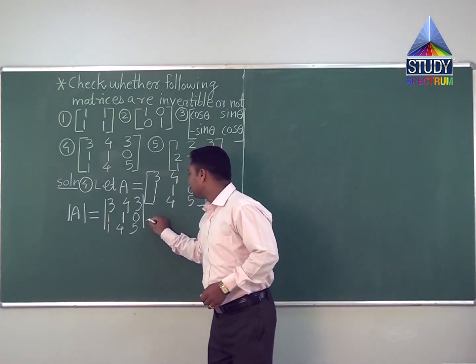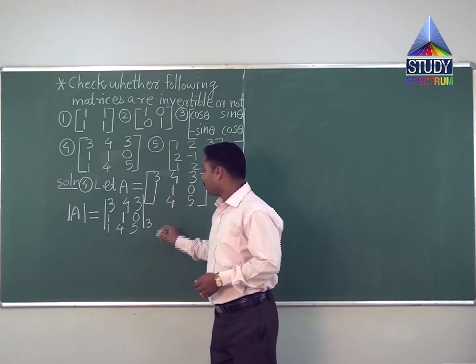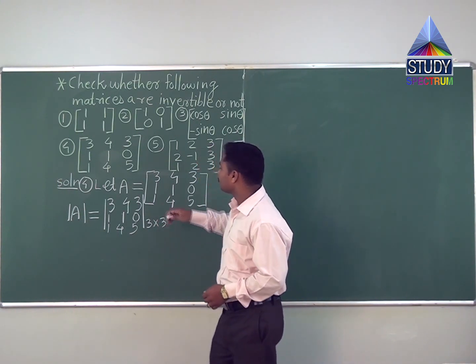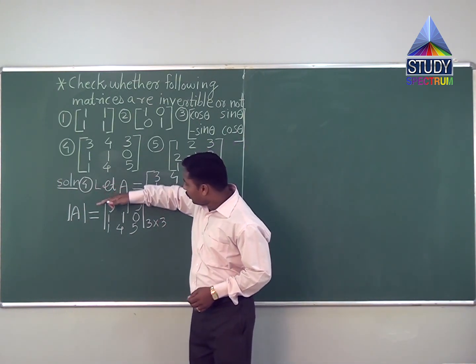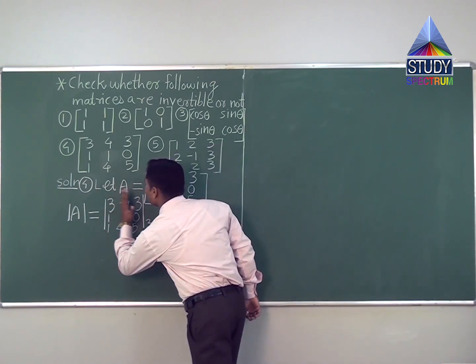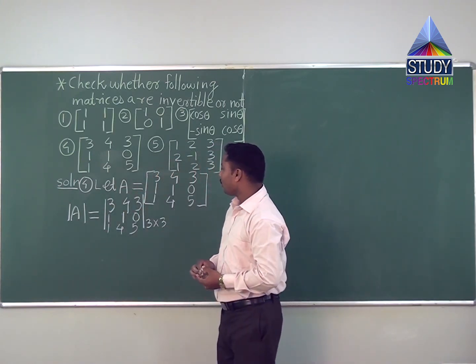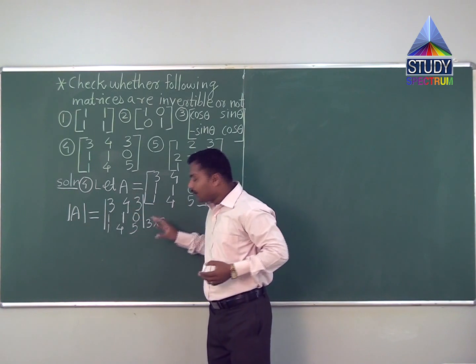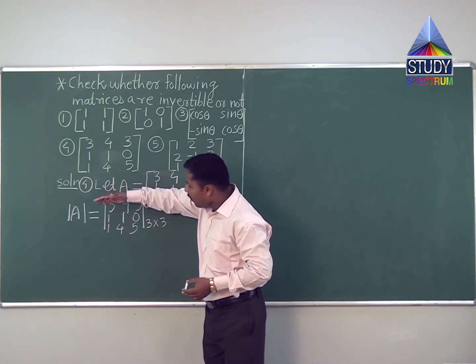So this is a 3 order determinant, or a 3 by 3 determinant, because in this determinant 3 rows and 3 columns are present. So expansion of this determinant is done by using the first row.